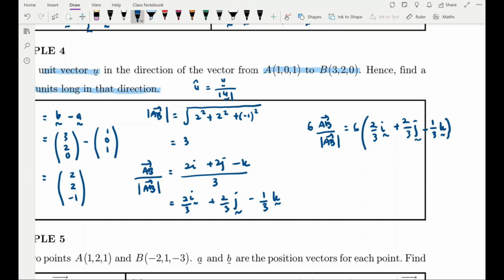So the final answer is 4i plus 4j minus 2k. Okay, this is the final answer.